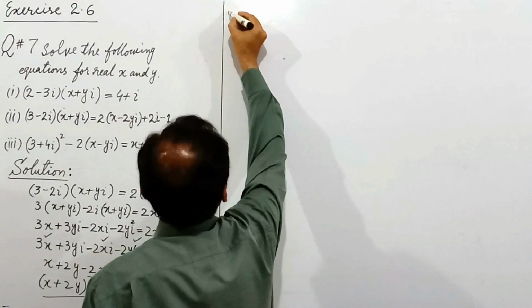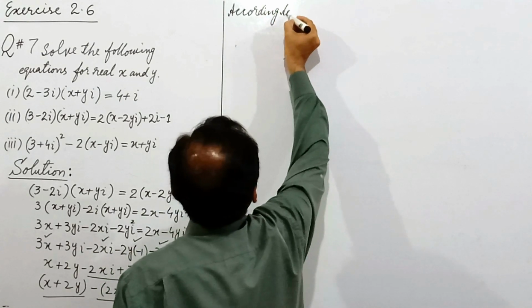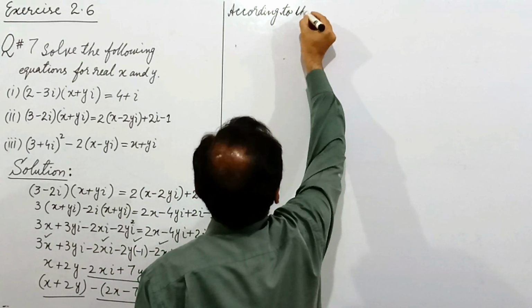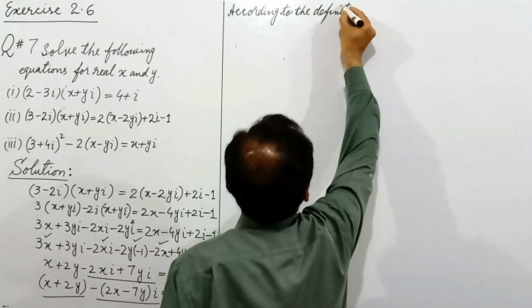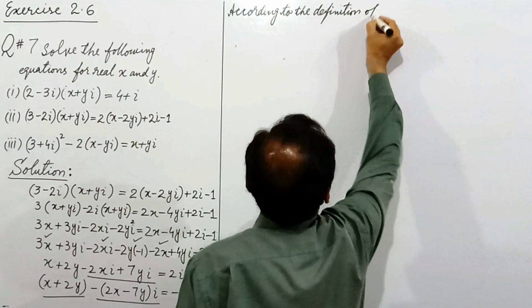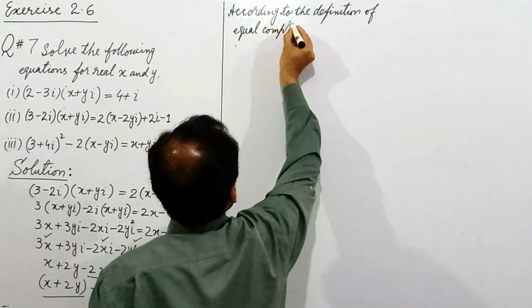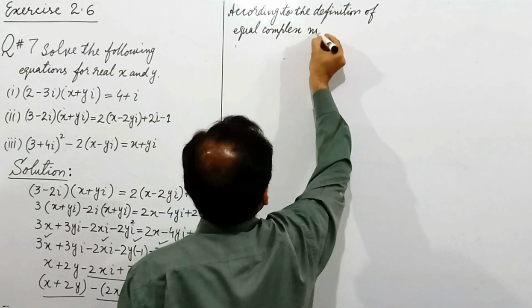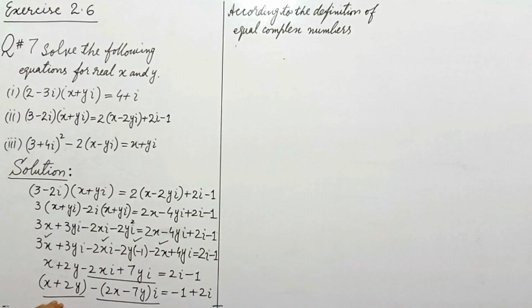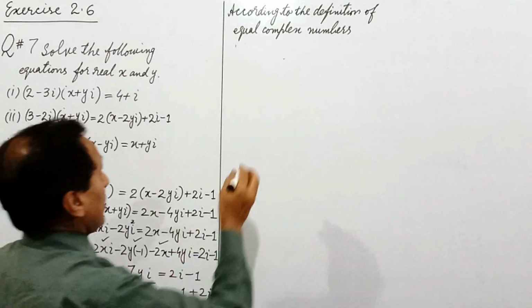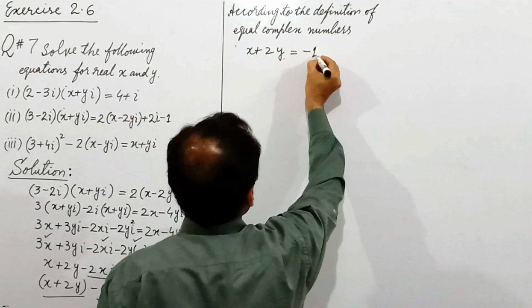So according to the definition of equal complex numbers, we have real parts equal, meaning x plus 2y is equal to minus 1.